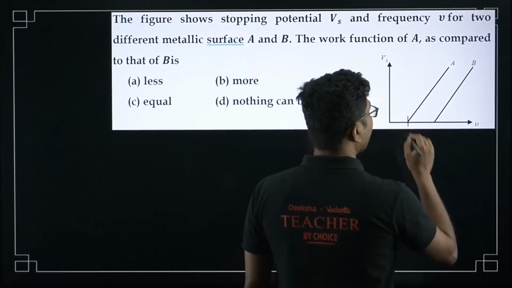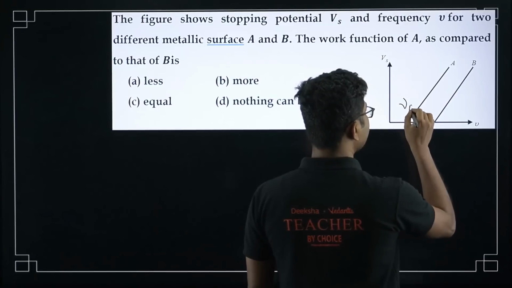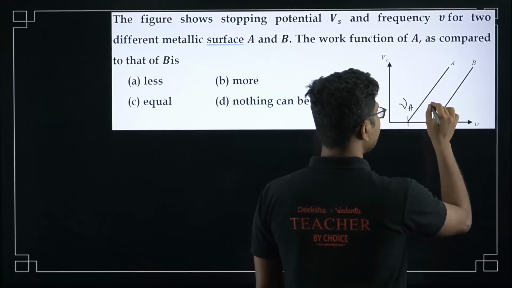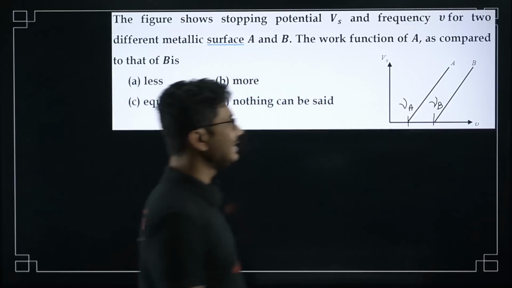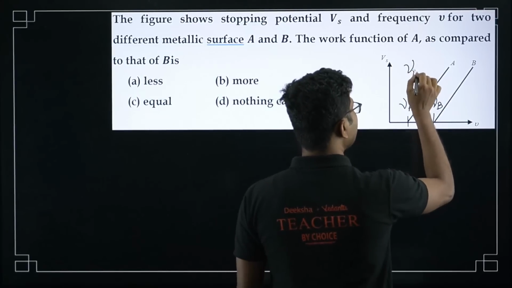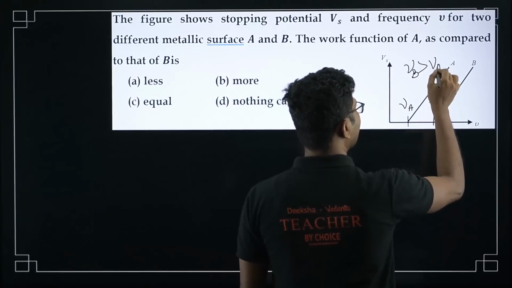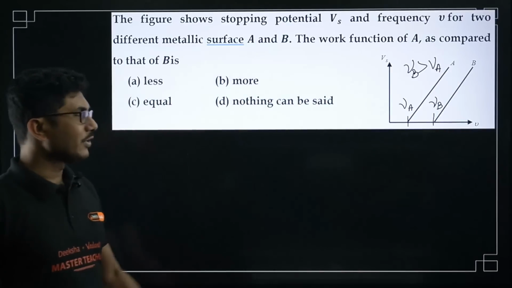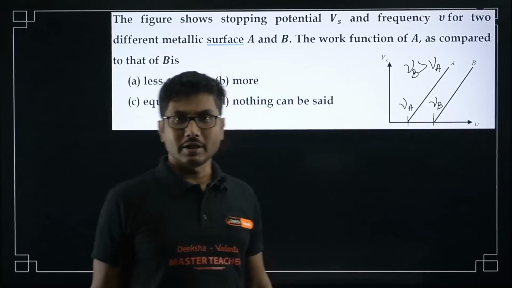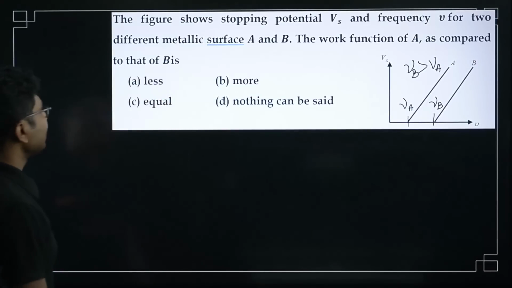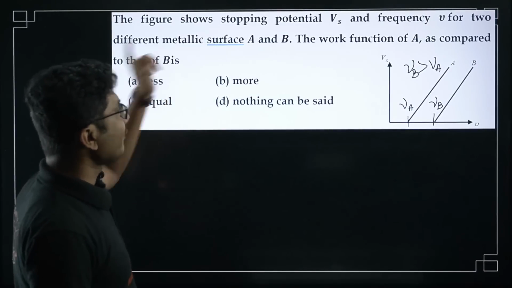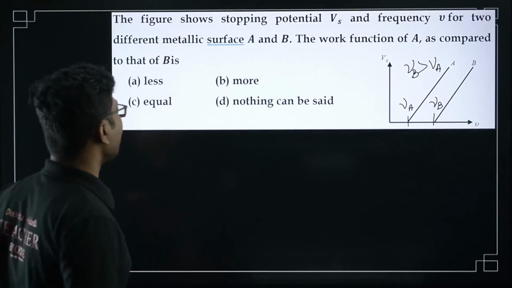This is cutoff frequency nu A, this is cutoff frequency nu B. Now from the graph we can see that nu B is greater than nu A. So cutoff frequency is more means the work function will also be more for B. So work function of A must be less than that of B.